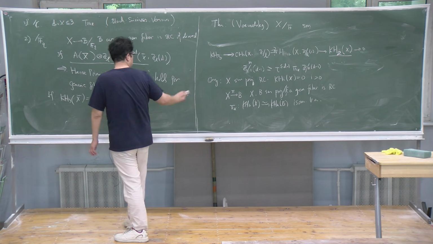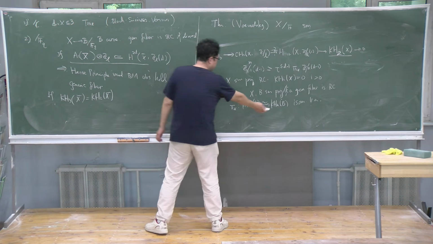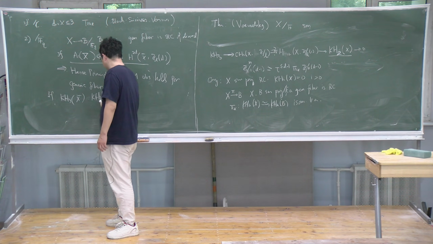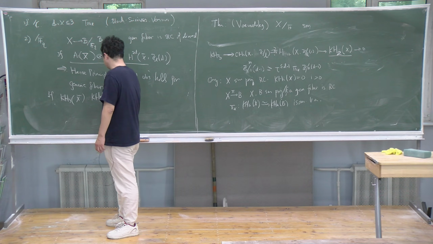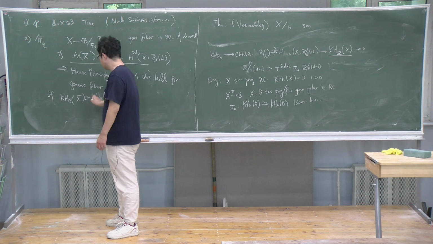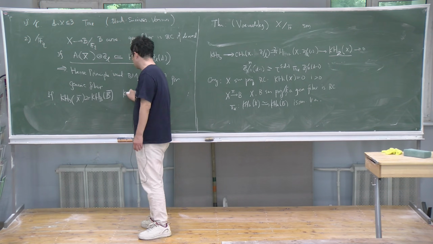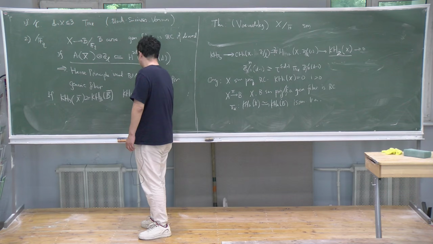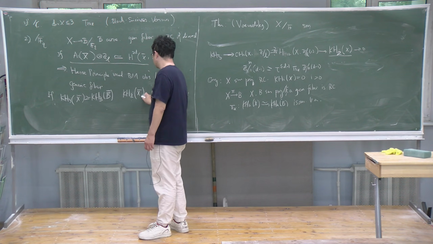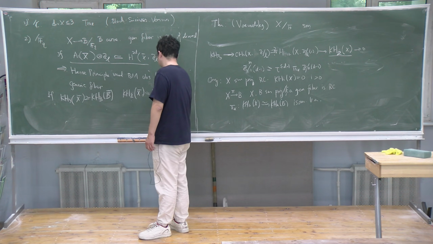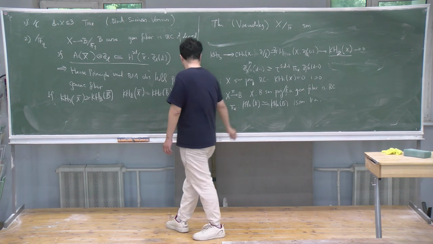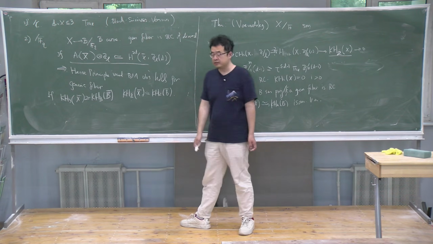So this conjecture says that it should be the same as KH3 of B bar. And KH2 of X bar is isomorphic to KH2 of B bar. So this is part of that conjecture.